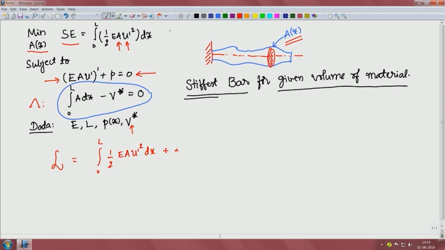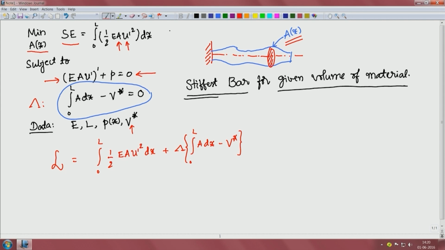So, we say lambda times the constraint, which is integral of A dx minus V star.